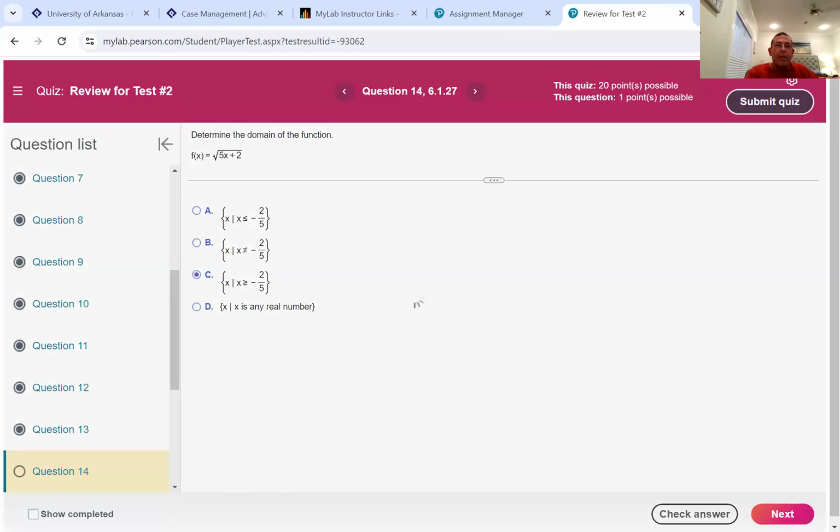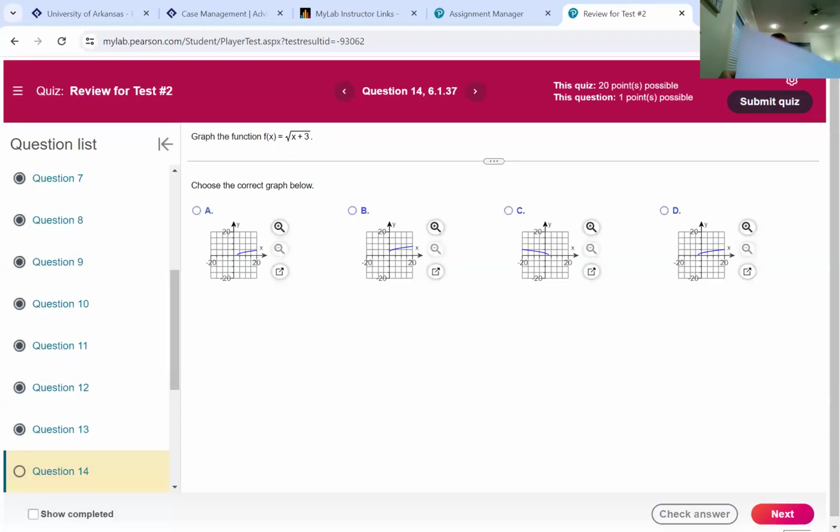All right, y'all, what's 14 got? I think 14 we're just looking at graphs. Now this is almost like the one I did earlier. Remember, the basic graph for the square root starts in the center. So what is that plus 3 doing to my graph? And remember, you're treating it like it's inside parentheses.